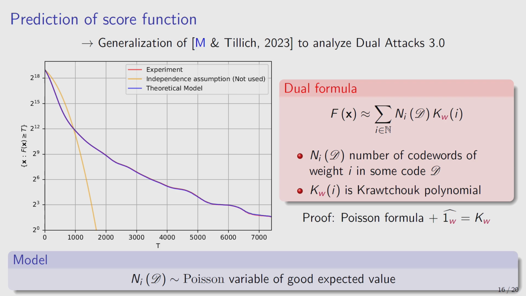Okay, there is a very clear indication for that. You have this sum of code words of weight i in D times Krawtchouk polynomial. What you see in these high values of the curve is a rare event, when the code D has a low weight code word.